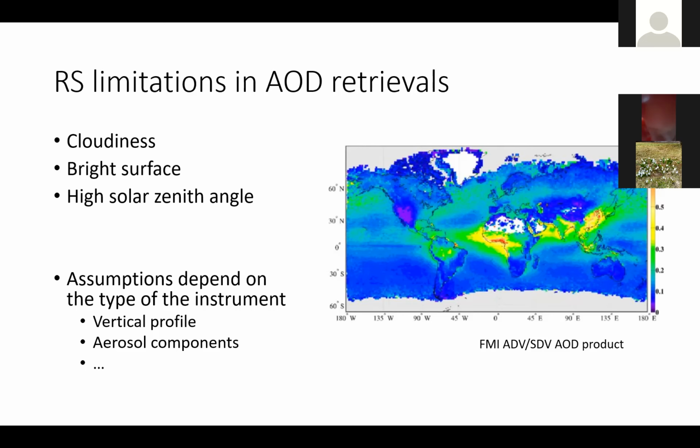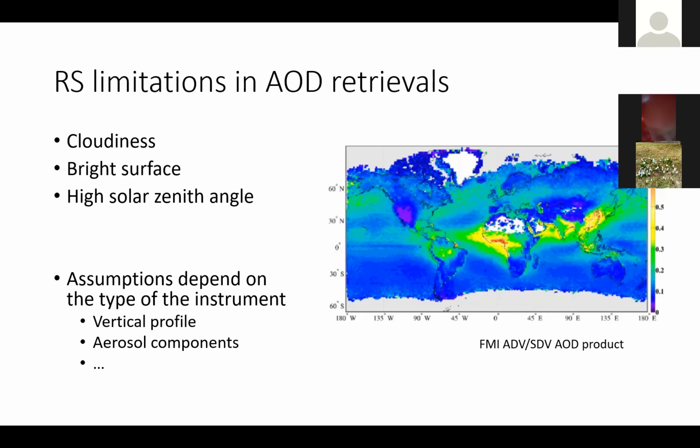This is different from modeling, which can estimate aerosols in both cloud-free and cloudy conditions. Also, bright surfaces are not easy for aerosol retrieval because the signal transmitted back to the atmosphere from the bright surface is much stronger than the signal from aerosols. Also, solar zenith angle is a problem in the retrieval. For high solar zenith angles, radiative transfer codes do not work as they should.